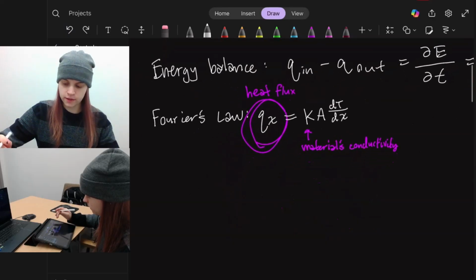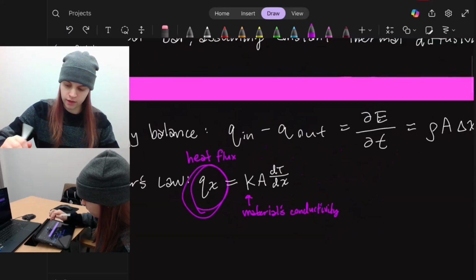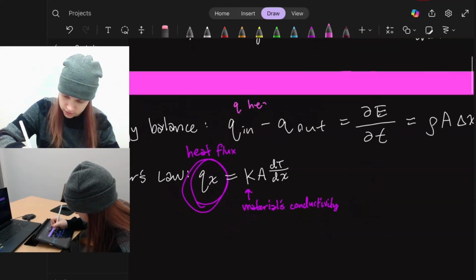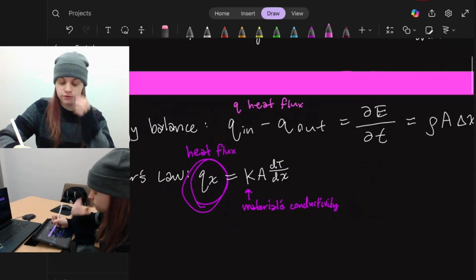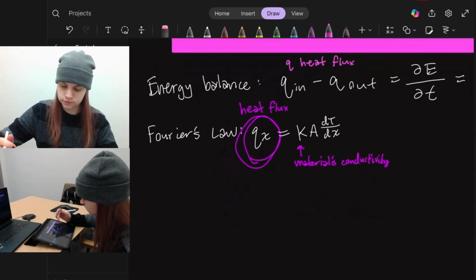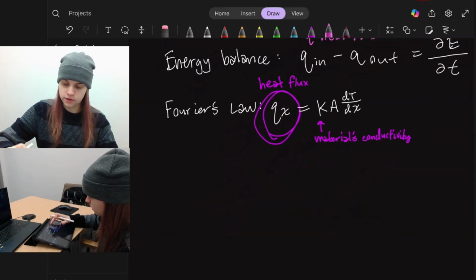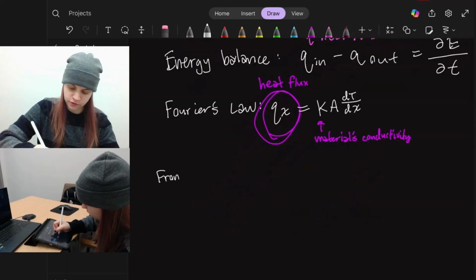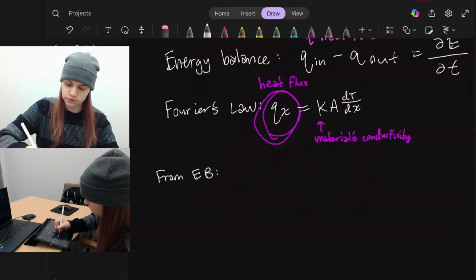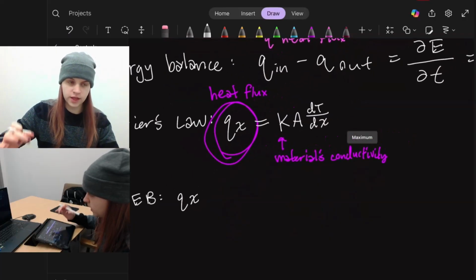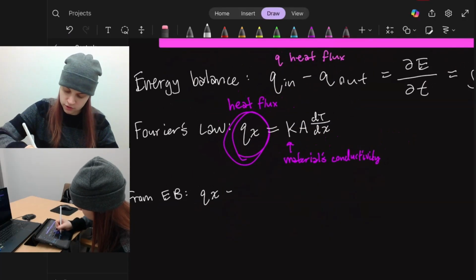Taking from our energy balance, also just another reminder that this Q is heat flux, not volumetric flow rate. So taking from that equation, from the energy balance, we can write Qx. This will be our in, and then minus Q at x plus delta x.